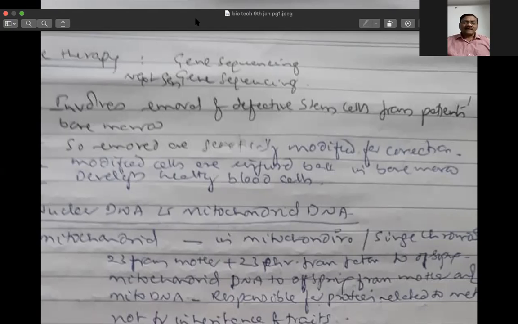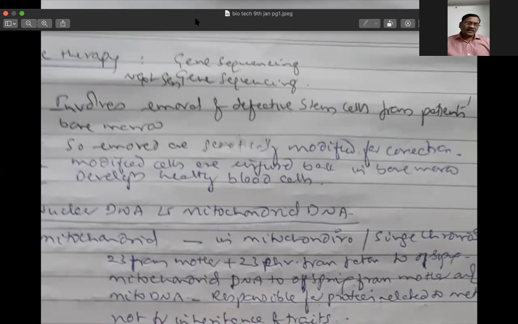Each cell is responsible for multiplication and forming a tissue. Tissue again forms an organ, and many organs form the ultimate body.